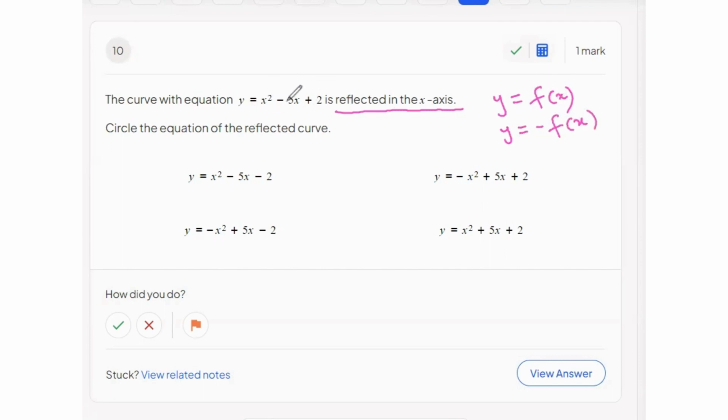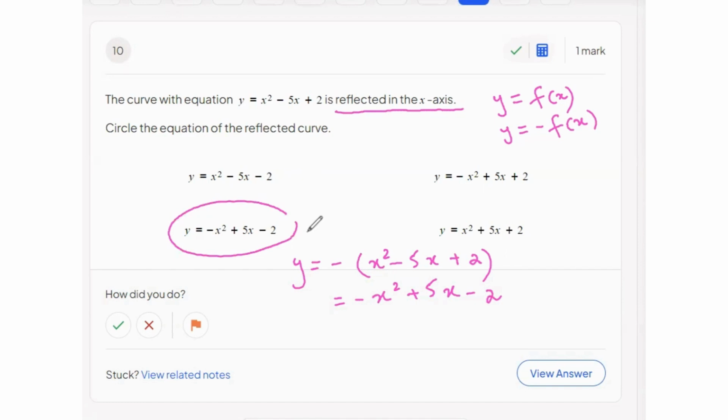So since y is x squared minus 5x plus 2, y equals negative of that will basically be negative x squared plus 5x minus 2. And that is this one. So this is the equation of the reflected curve.